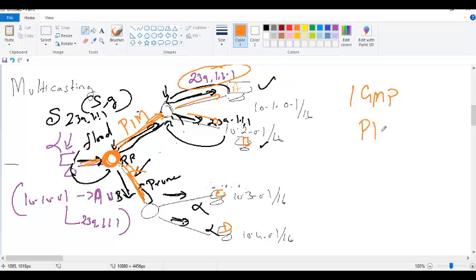You need IGMP, you need PIM. Without these two, multicasting is not possible. PIM is to show the multicast-enabled link paths. IGMP is to join the multicast group.